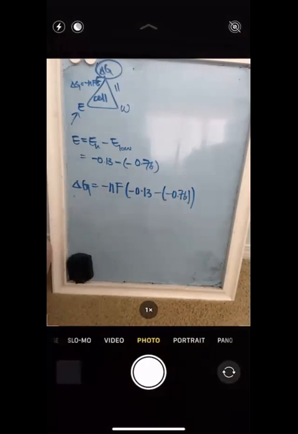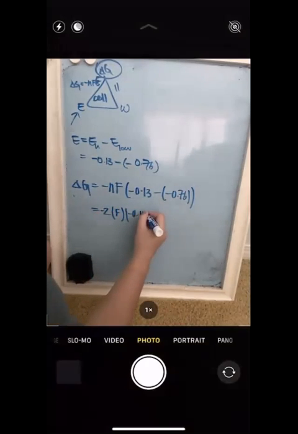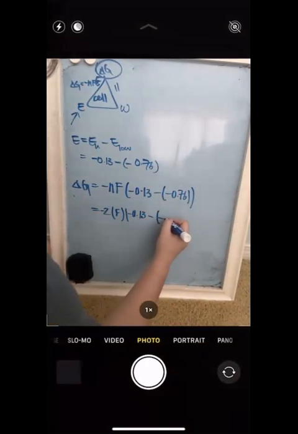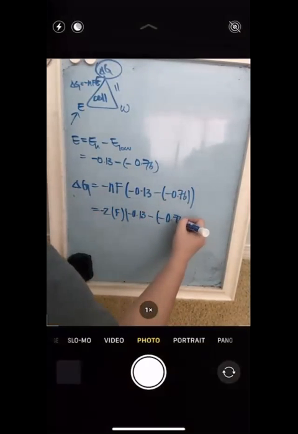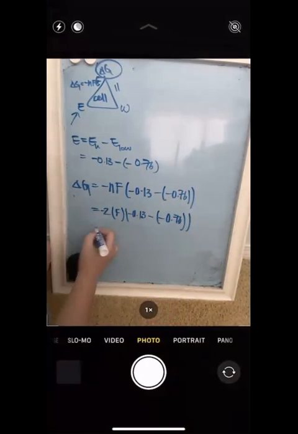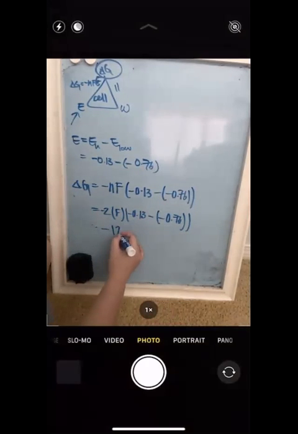If you remember from the half reactions, we have 2 electrons, so that's going to give us 2 equivalents. So minus 2 times the F times the negative 0.13 minus negative 0.76. Calculate all of that. And like we calculated in the previous video, this is going to give us a negative 121.59 kilojoules.